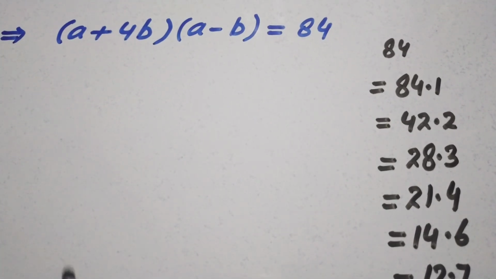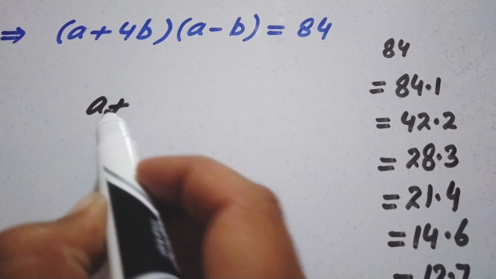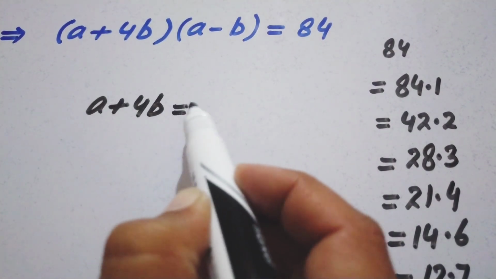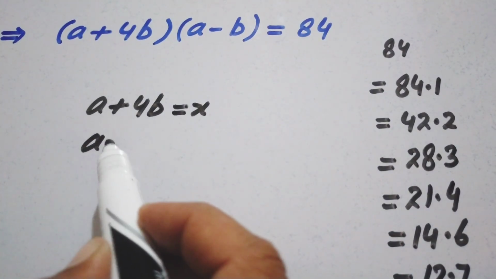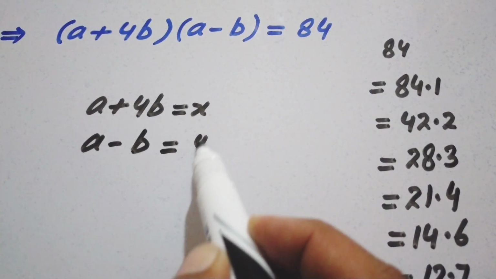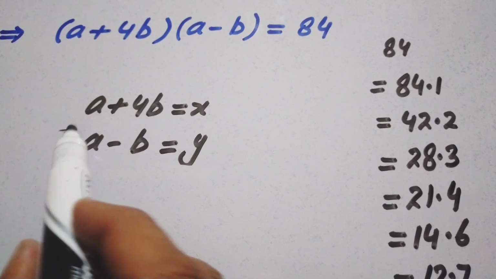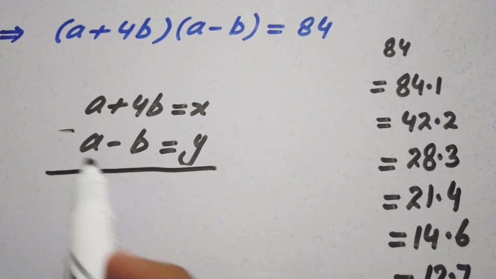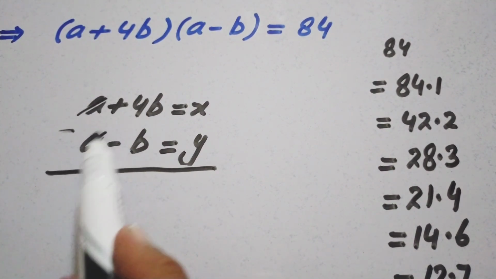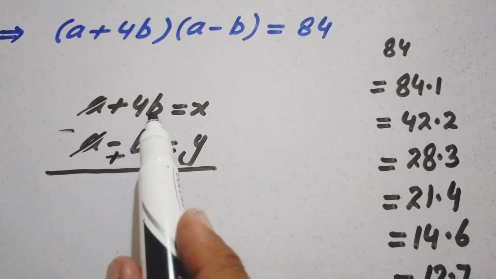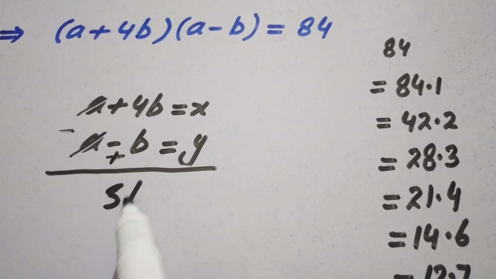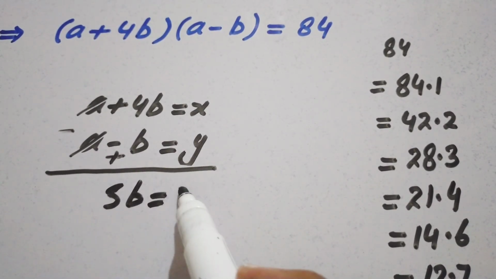Now suppose that a plus 4b is equal to x and a minus b is equal to y. If we subtract these two equations, a minus a cancels, and 4b plus b gives 5b, and here x minus y.